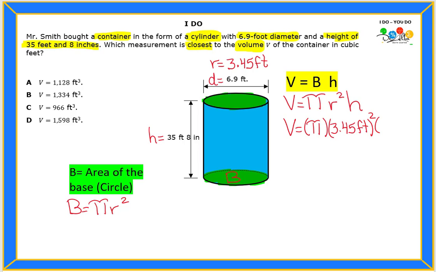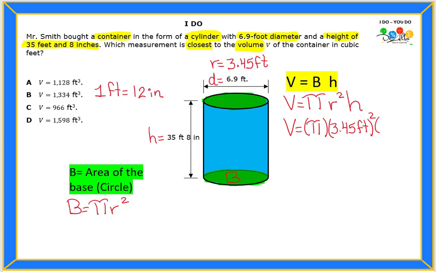And the height for that is, now be careful with the height. Please don't write down 35.8, because that's not my decimal. My decimal, I will find if I compare the 8 inches to the total inches in 1 foot. Now remember that 1 foot is equal to 12 inches.